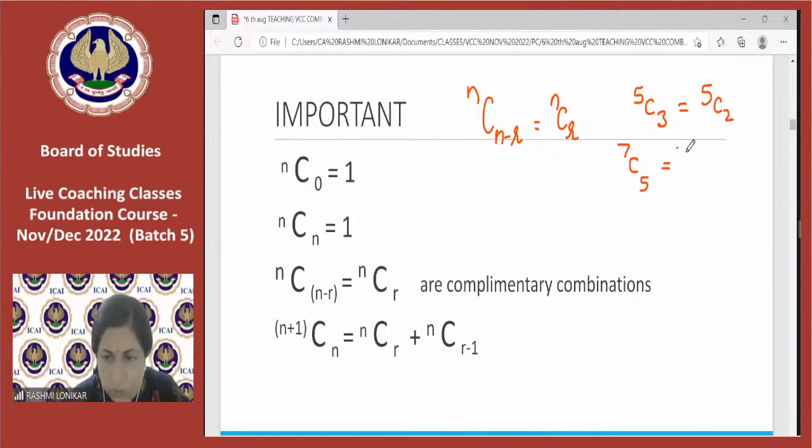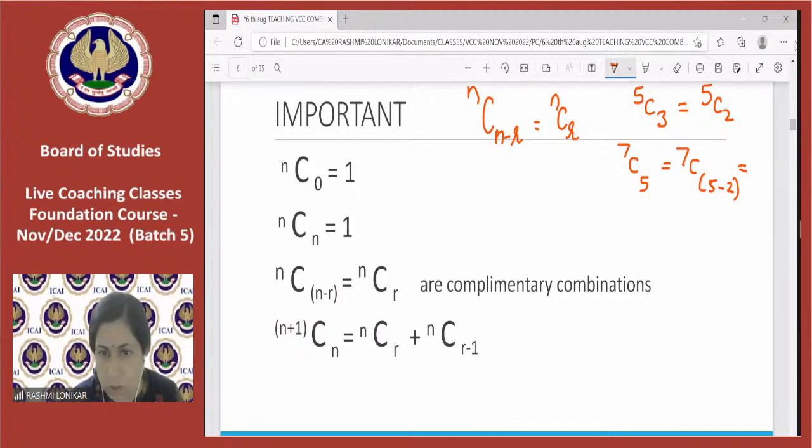What about 7C5? Then this is equal to 7C(7 minus 5), N minus R, where N is 7 and R is 5.